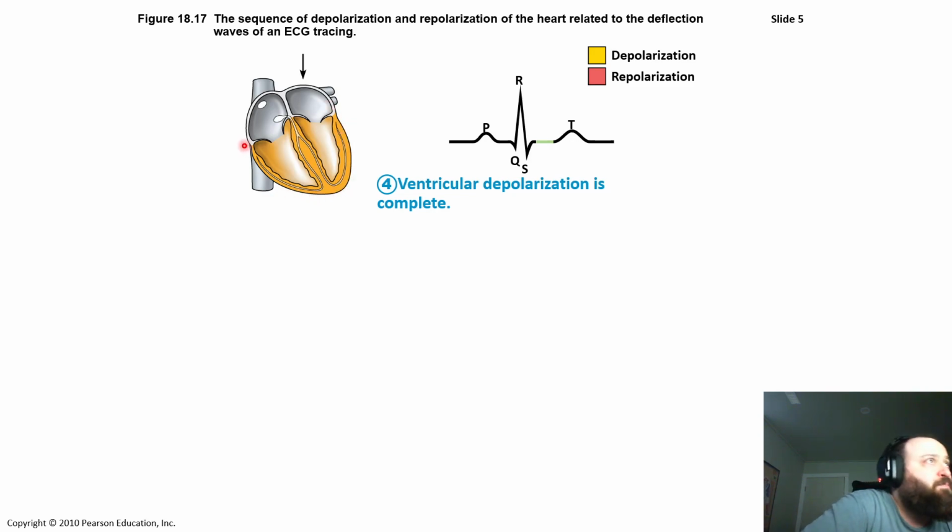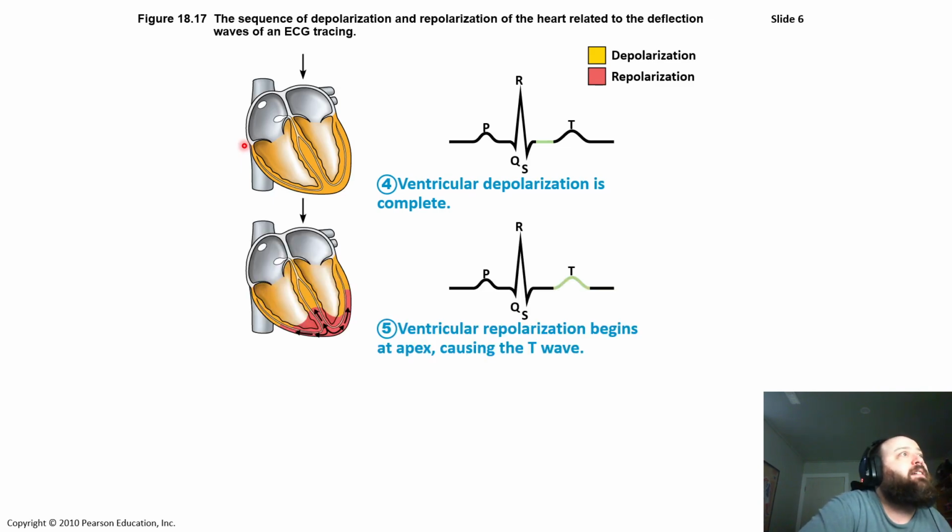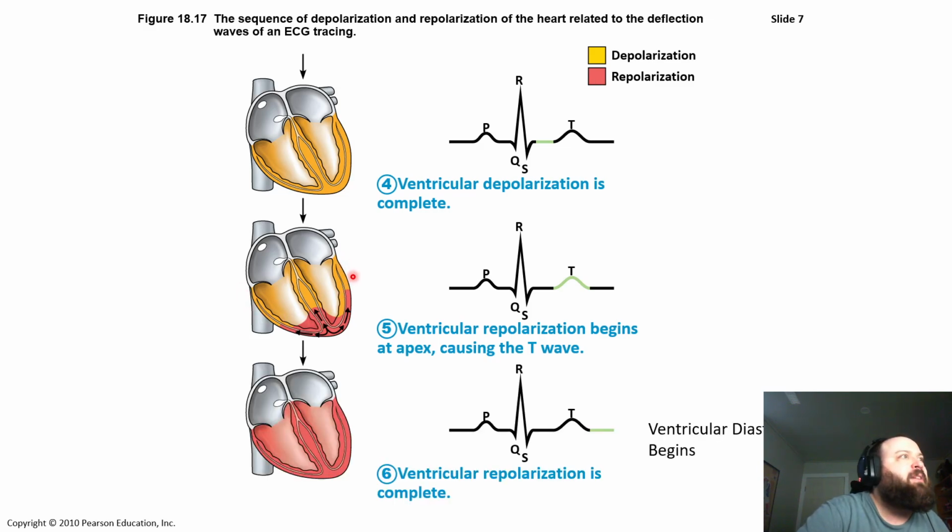So now ventricular depolarization is complete. And now the wave of repolarization starts to occur, and that causes the T wave. You can see this wave of repolarization going up through the Purkinje fibers, which is ultimately going to relax the ventricle, cause ventricular diastole, and the ventricles will get bigger, and the cycle can then repeat again.